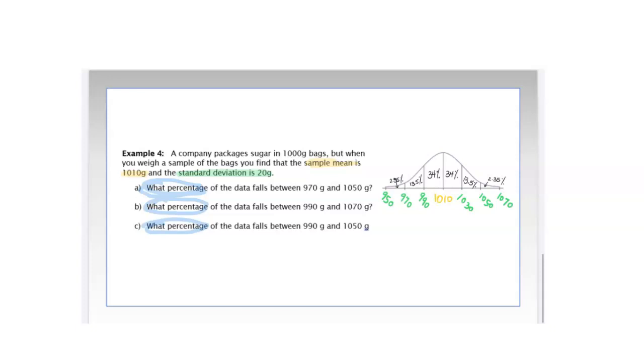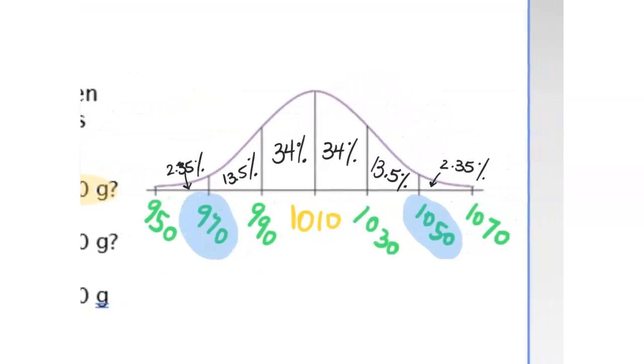Part A, what percentage of the data falls between 970 and 1050? So 970 is here. And we have 1050, which is located here. If we are to go ahead and highlight the intervals in between, we'd have from 970 all the way to 1050.